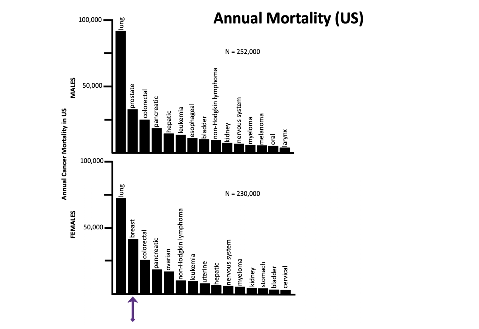Next is breast in females, and prostate in males. Colorectal is the same in both, pancreatic, and then going down the line. So you can see that even when you have cancer, it's not a death sentence, and especially now, a lot of people are living past their surgeries and treatments for cancer.